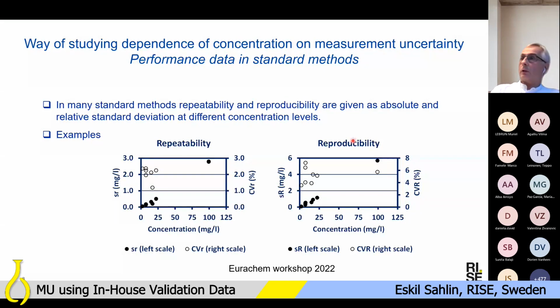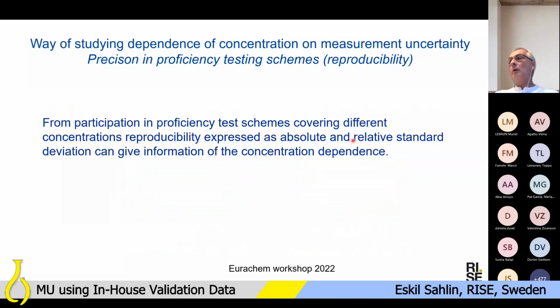We should also say something about data from proficiency testing schemes. I didn't really have a good example of this. I have used it a few times, but my experience is that it's not so easy to use, but it's something you could try.